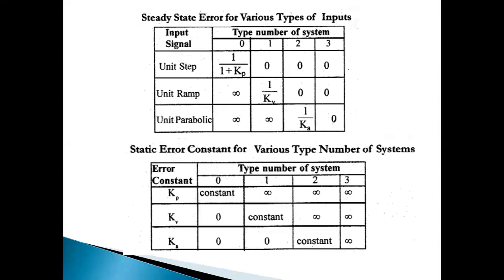Based on error constants and steady state error, you will get one question from this topic. Any NTPC examinations, or any competitive examination, either Genco, Transco, Discom, definitely you will get minimum one question.